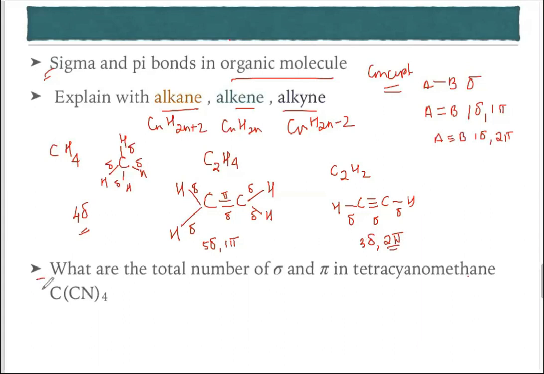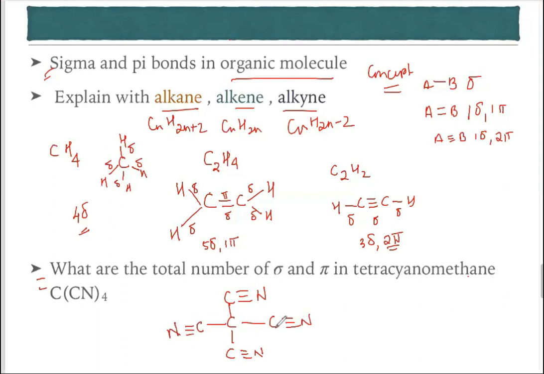Similarly, here is one question. What is the total number of sigma and pi bonds in tetracyanomethane? To know the sigma and pi count, we have to know the structure. Carbon in the center, with four CN groups, and CN means a triple bond. So it is carbon triple bond nitrogen, on all four sides.